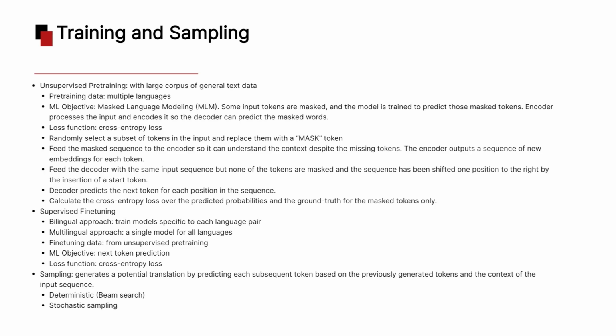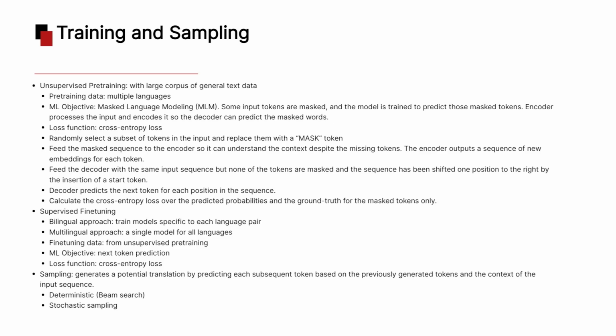Alternatively, stochastic sampling introduces randomness, which can increase diversity and creativity, but may reduce consistency. This combination of robust pre-training, targeted fine-tuning, and sophisticated sampling enables Google Translate to produce high-quality, contextually appropriate translations across many languages.